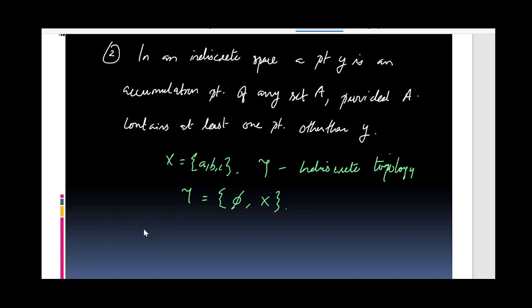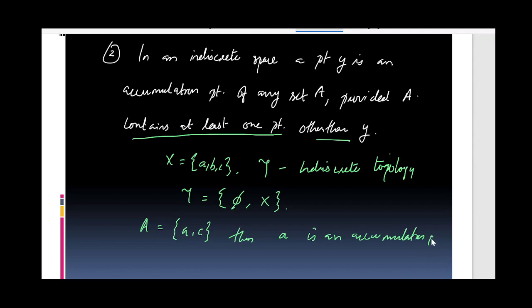Now you take your A. A is such that y is an accumulation point of A provided A contains at least one point other than y. So if you are putting A as {a, c} as before, now we want to find the accumulation points of A. Then the accumulation point possibilities are a, b or c. Then a is an accumulation point. What's the reason?